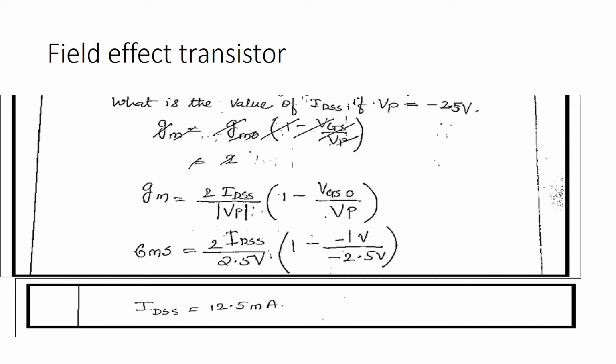So gm is equal to 2 times IDSS by VP into 1 minus VGS0 upon VP. Here VGS0 is given to be minus 1 volt. Calculate IDSS, and it is estimated after calculation to be 12.5 milliamperes.